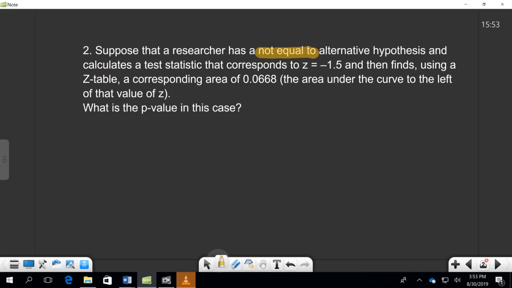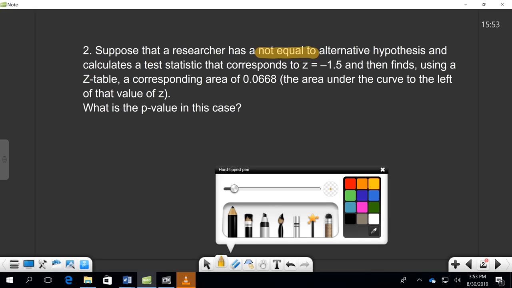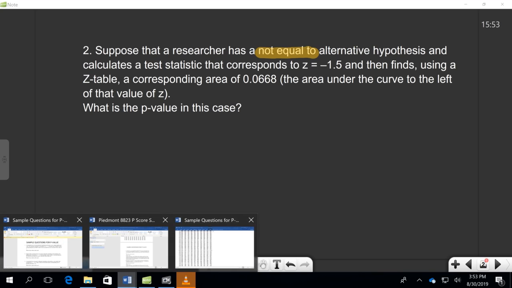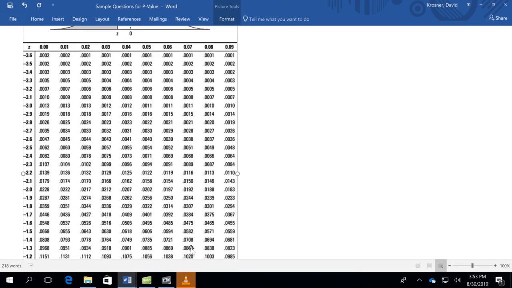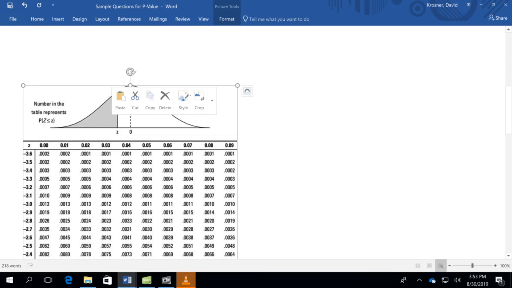So let's get back into my pencil here. Now, when I look at that z-table, remember we just did this and we saw that when it was negative 1.5, it was 0.0668. And that corresponds to this shaded area on the z-table.